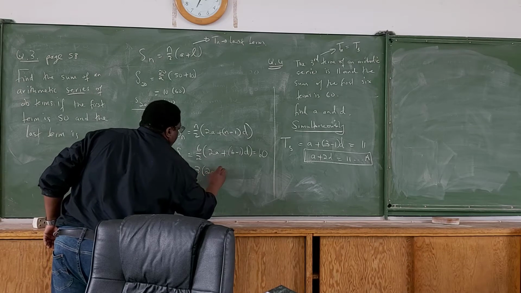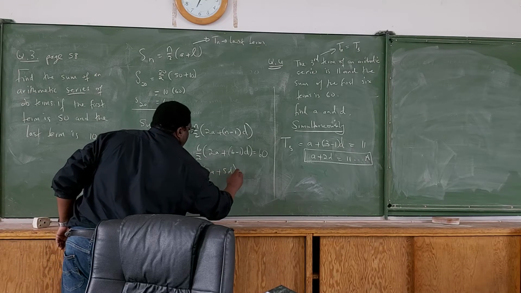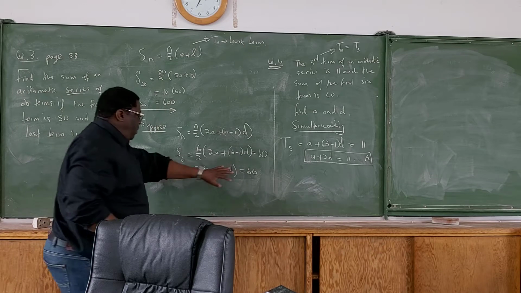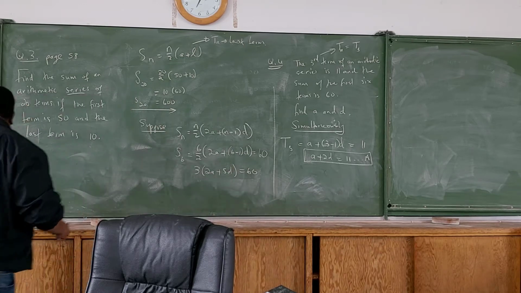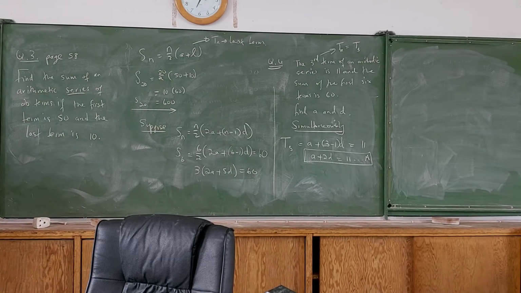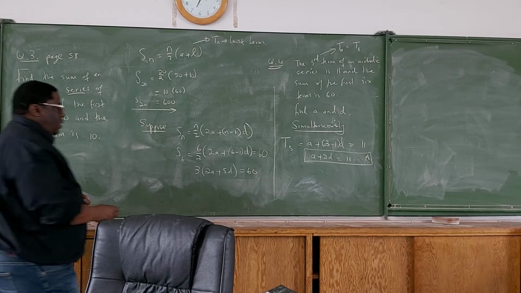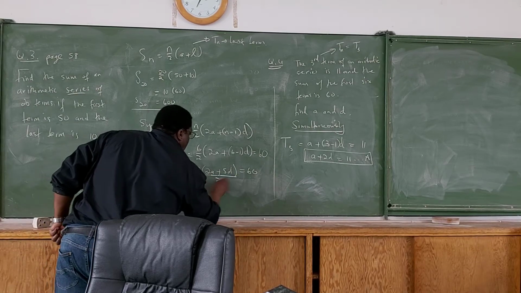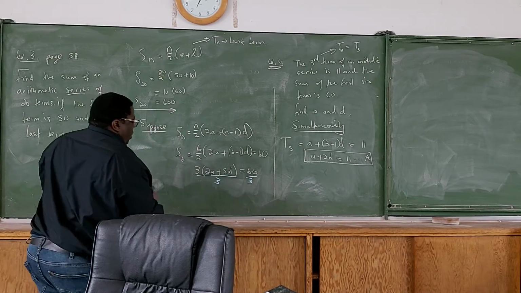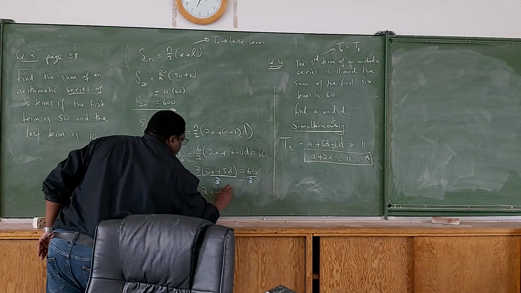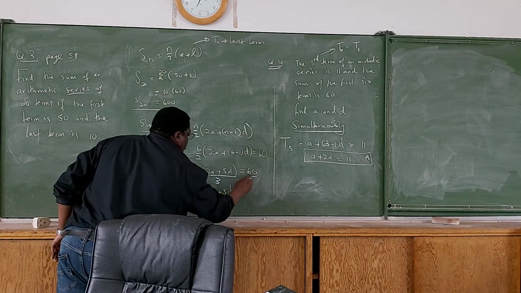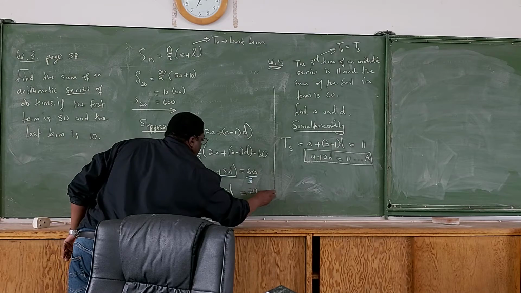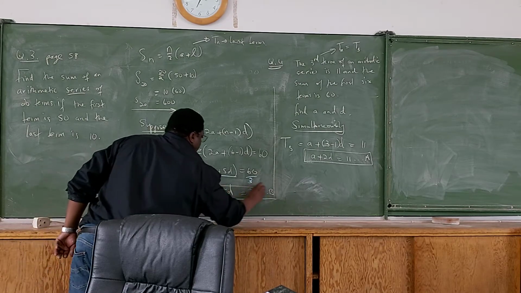Then you have 2A plus 5D equals 60. Maybe you can go ahead and divide throughout by 3, or you can distribute that 3 if you want to. But I think it's best if you divide. So you're going to have 2A plus 5D equals 20. And this could be your second equation.